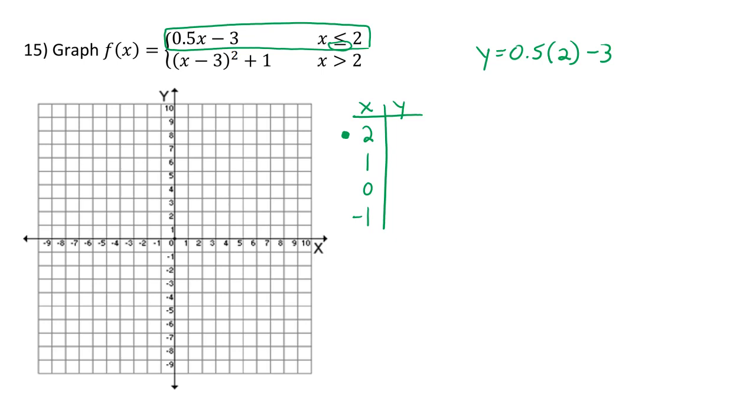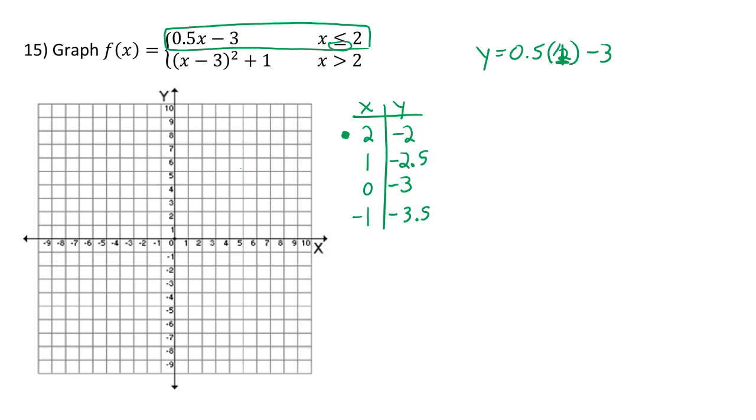And so when I do that, I'm going to get negative 2 when I plug in a 2. When I turn this into a 1, I'm going to get negative 2.5. When I plug in a 0, I'm going to get negative 3. And when I plug in a negative 1, I'm going to get negative 3.5.